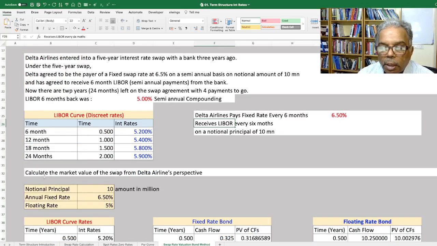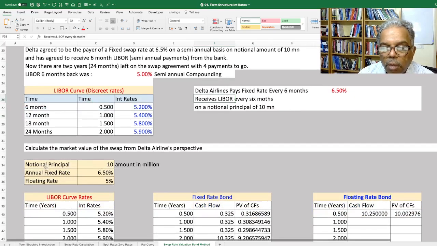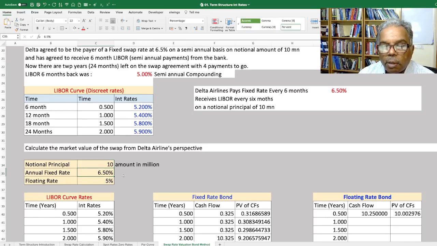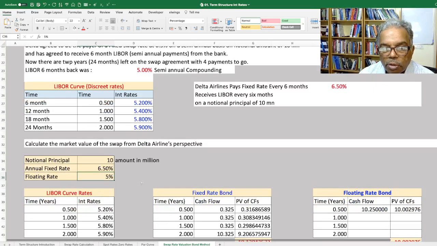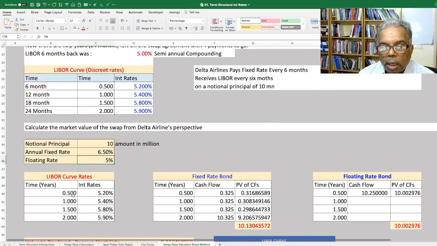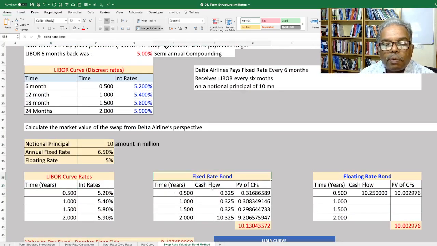So let's calculate the market value of the swap from the perspective of Delta Airlines as well as from the bank's perspective. The given notional principal is 10 million, the annual fixed rate for the swap is 6.5% to be paid every 6 months, and the last floating LIBOR rate was 5%. With the given LIBOR curve rates, let's calculate the value of the fixed rate coupon bond using the cash flows.